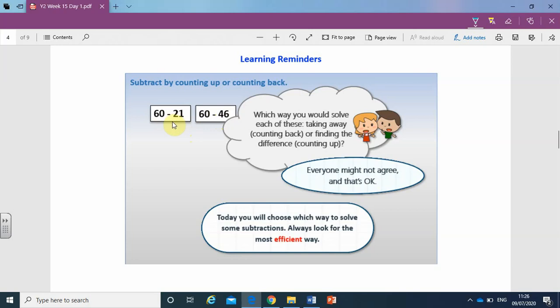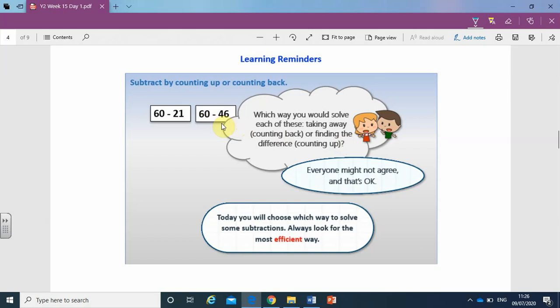My mind on this one would be that 21 is quite a long way away from 60, so I would not count up from 21 to 60. For 60 take away 46, that one I would count up. I would do 46, 47, 48, 49, 50.